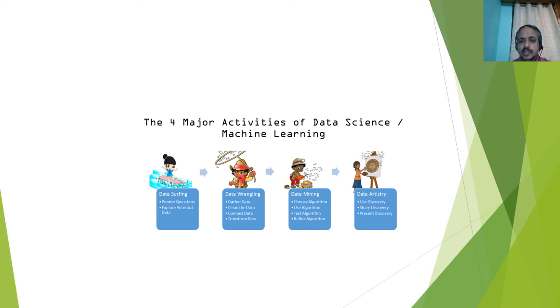Once you get a result, you have to present that result to your client or to the organization where you're working. That is called data artistry. You have to present your discovery, or get feedback from the client or from your organization. So all this will be part of your data science project.